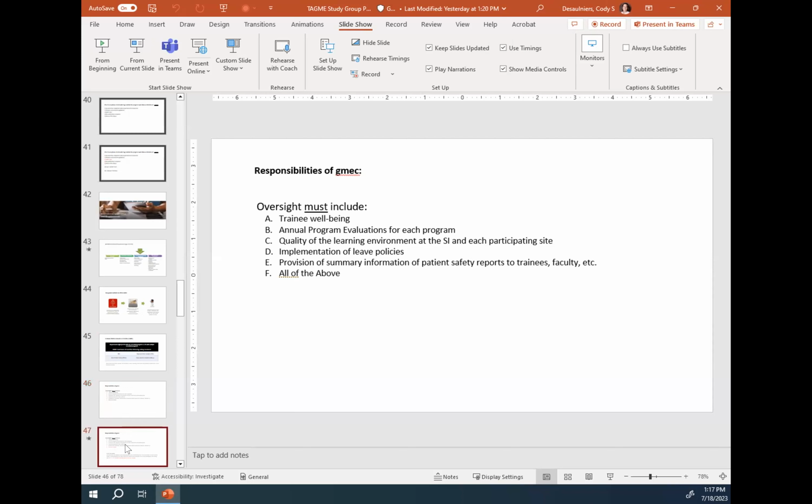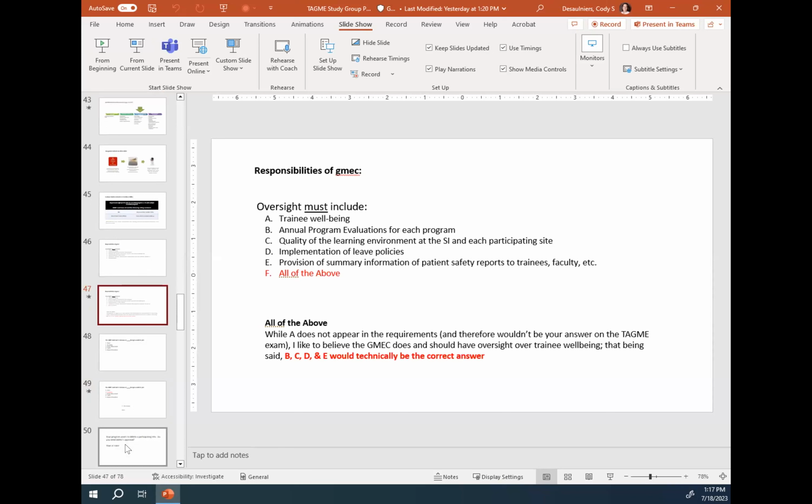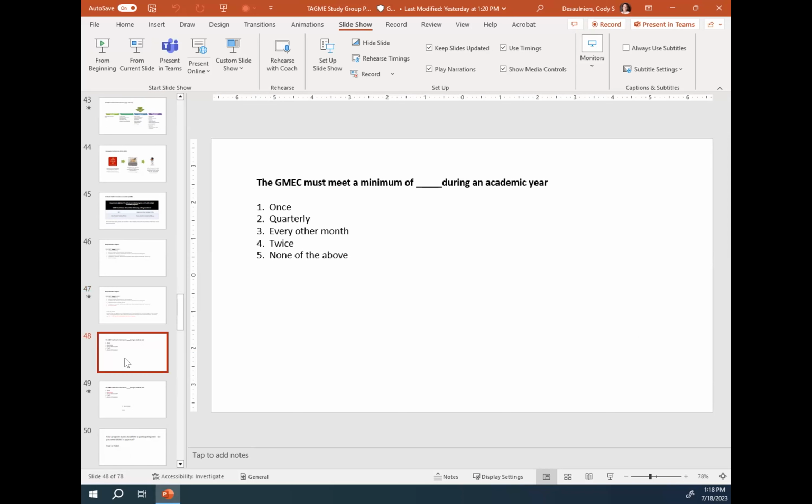F. And while A does not appear in the requirements and would be an answer, GMEC is not pretty much written in writing. So B, C, and D would be the correct answer.